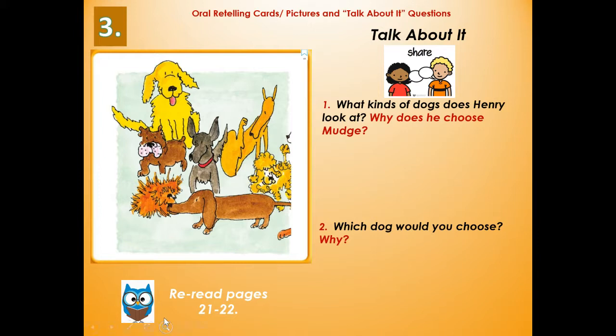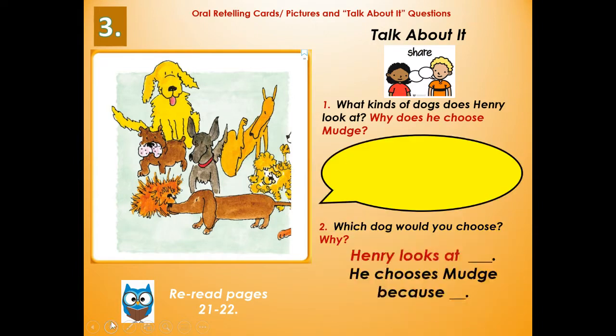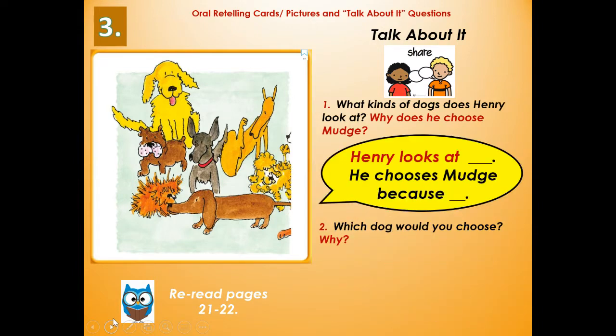Think about how you're going to answer that question in a complete sentence. Henry looks at, finish that thought. He chooses Mudge because. First tell me what kinds of dogs he looks at.